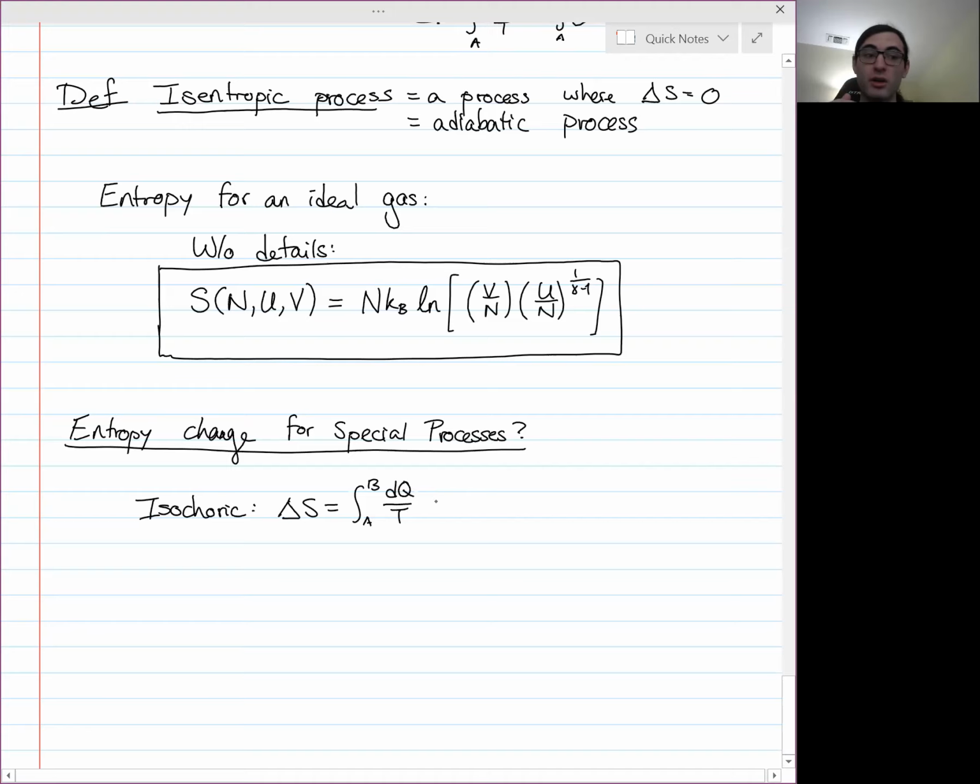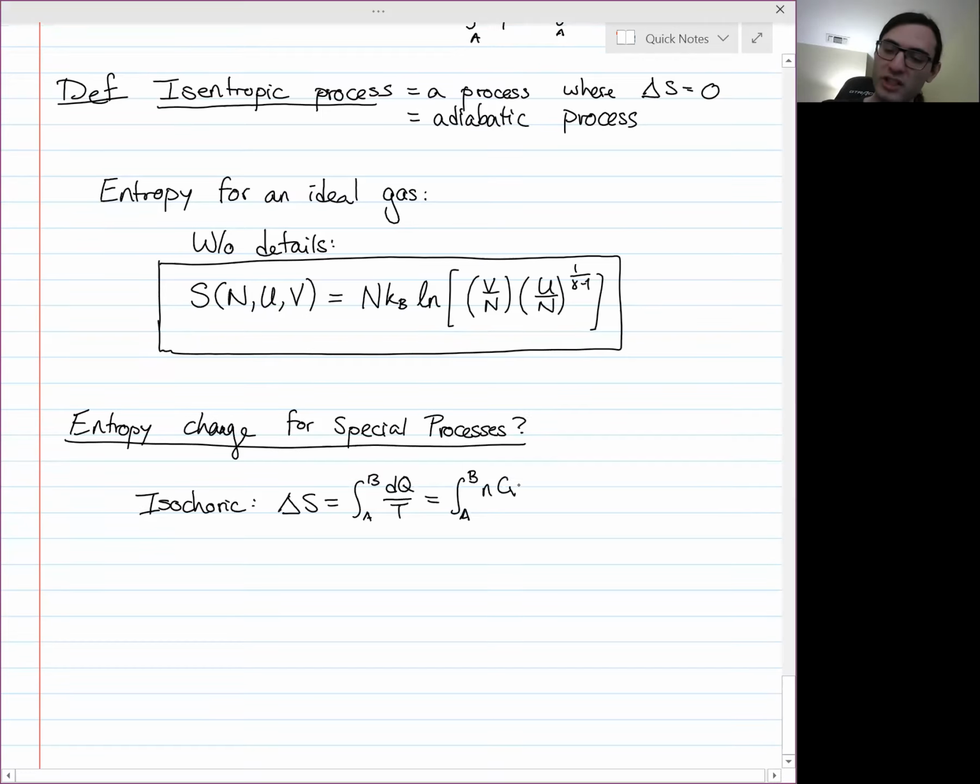Fortunately, for isochoric processes, we know that if you add a small amount of heat, the temperature changes by dq equals n Cv dT. So this is n Cv dT divided by T.